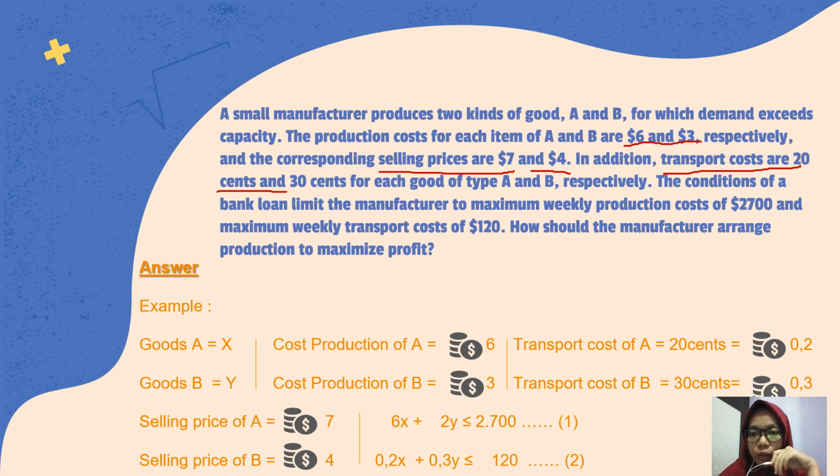So the transport cost of A is $0.2 and of B is $0.3.